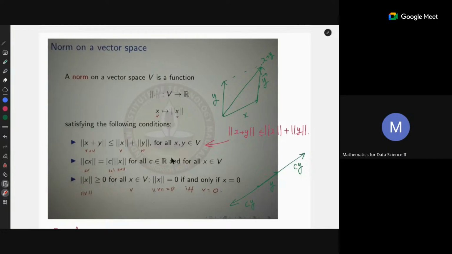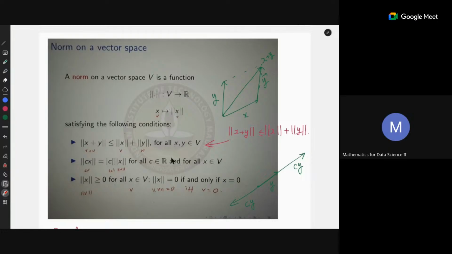The third condition is that the length of a vector should be positive or non-zero for all vectors. Length cannot be negative. Similarly, the norm cannot be negative for any vector. And if the length is zero, then the vector itself has to be zero.